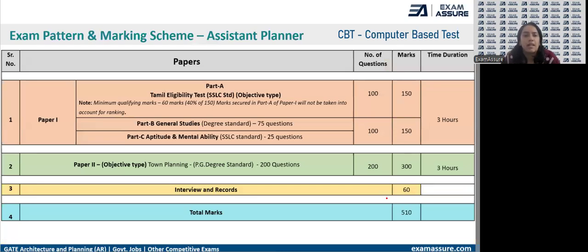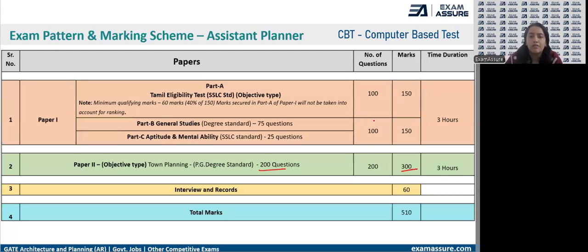For this, the marking scheme stays similar for your paper 1 as for ADTCP, and for paper 2, for town planning, there would be a total of 200 questions, which would carry a weightage of 300 marks.